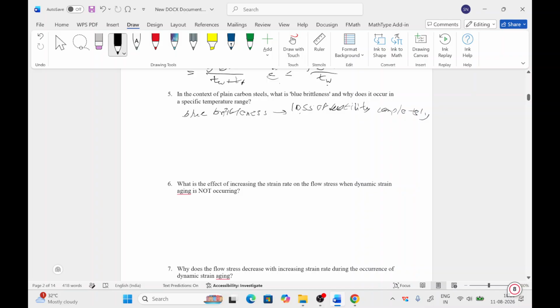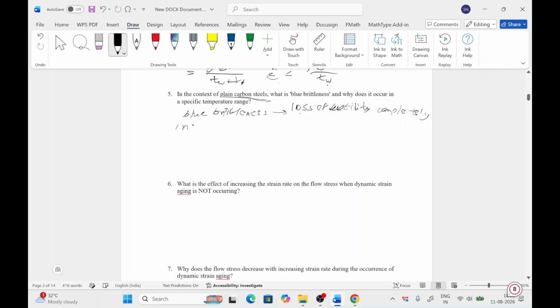We know that dislocation motion needs thermal activation also. In plain carbon steel we have some interstitial elements.